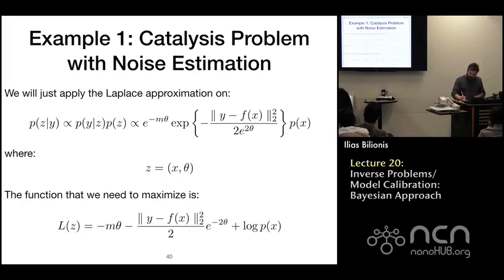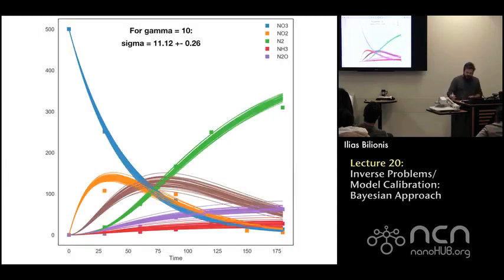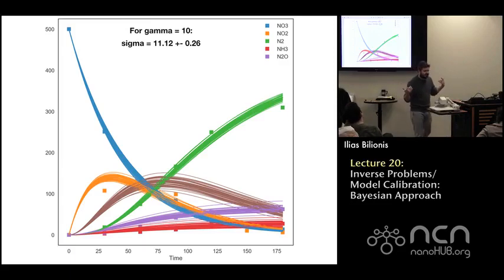Right? So Laplace approximation requires you to maximize this function over z. Okay? So that is over x and theta. And you do that. And if you do that for a specific gamma, you're going to find this sigma. Okay? And of course, with a little bit of error for that sigma. So now you estimated the measurement noise as well, with uncertainty.